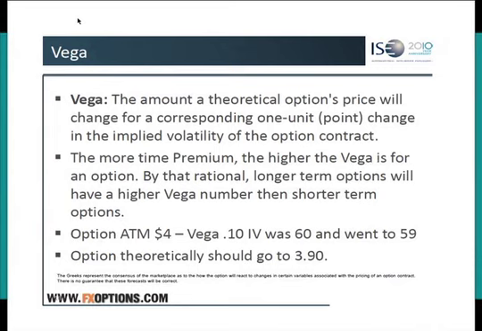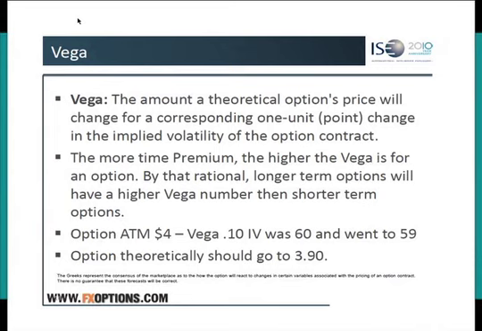So that would be a calendar. I sold the 50 strike September contract and bought the 50 strike October contract. A lot of times people will do this because they see that the September contract is trading at a much higher volatility than the October contract, so they're doing the calendar to try to take advantage of this volatility skew.